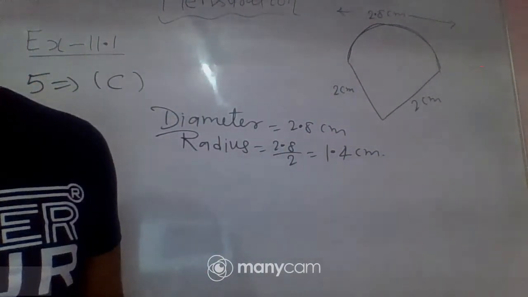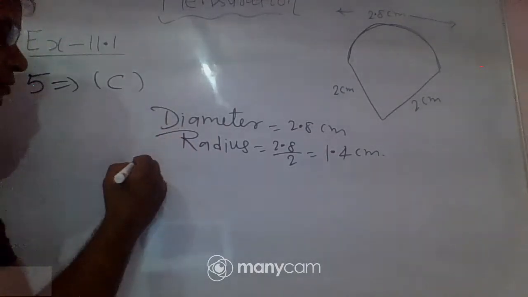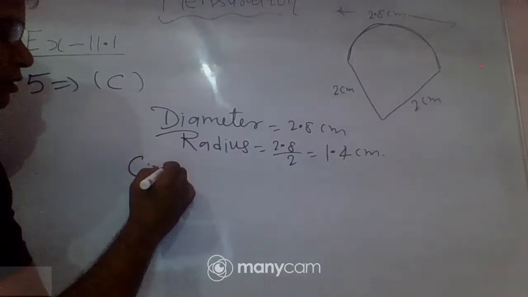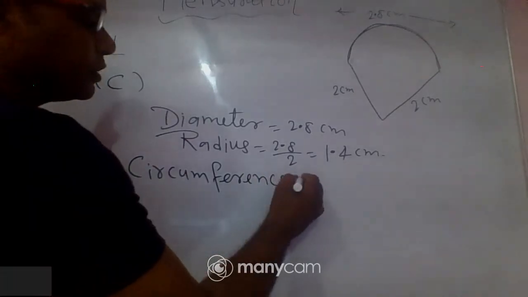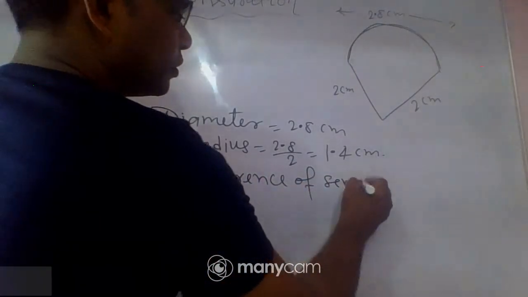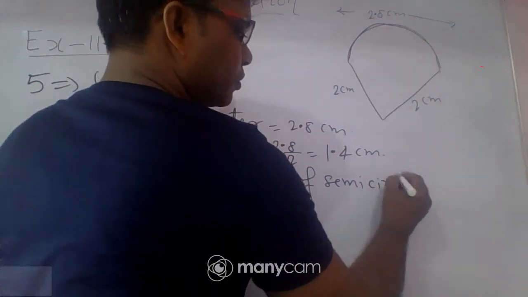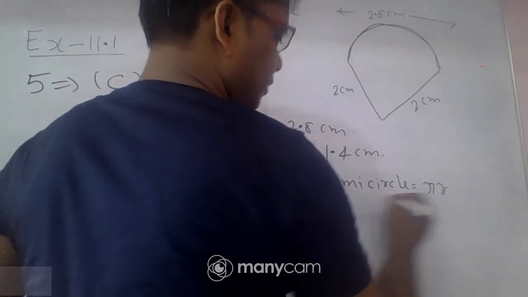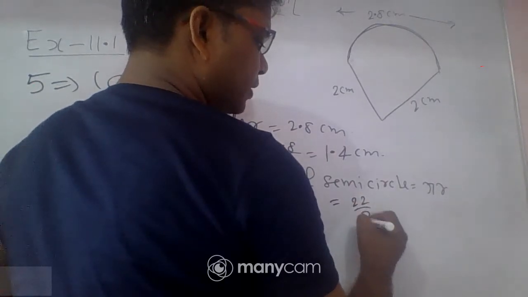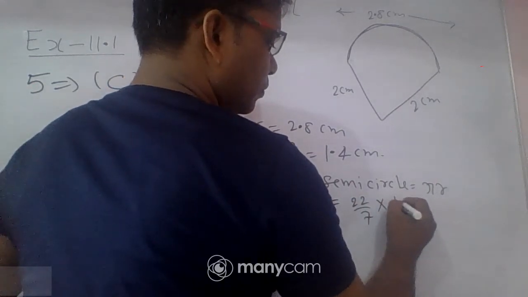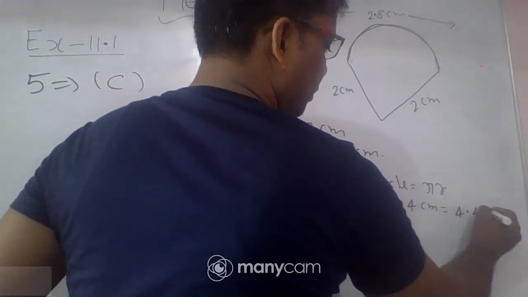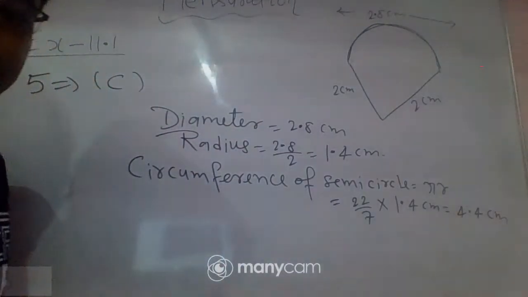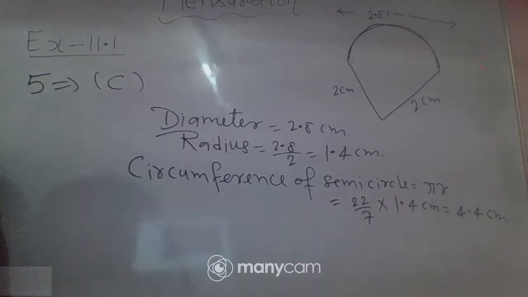Clear? Now the circumference of the semicircle is pi r. Pi is 22 by 7, into r, 1.4 centimeters, equal to 4.4 centimeters. We found this already.